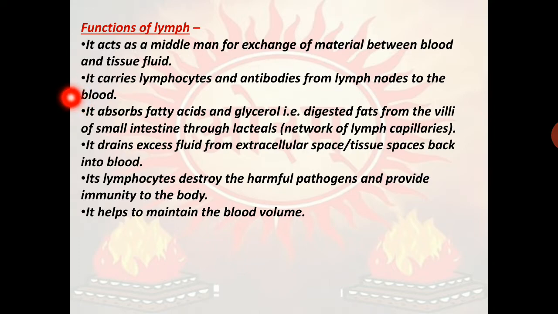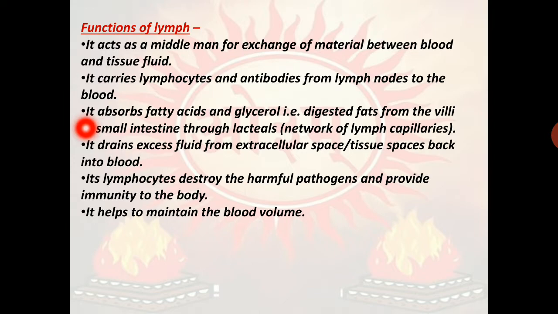Students, lymph nodes are structures present in the lymph vessels, which are lymphatic tissues in which the lymphocytes, the special type of WBC, mature and play a very important role in fighting off the disease causing microbes or pathogens entering the body and provide immunity.